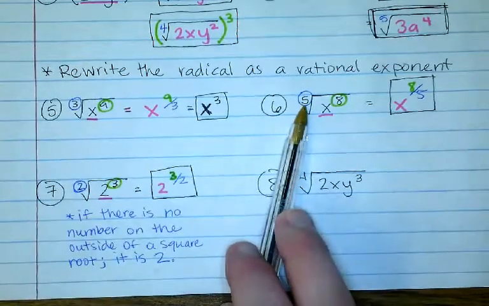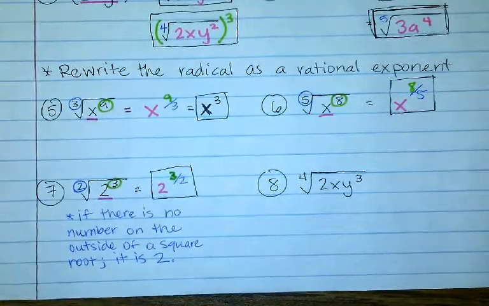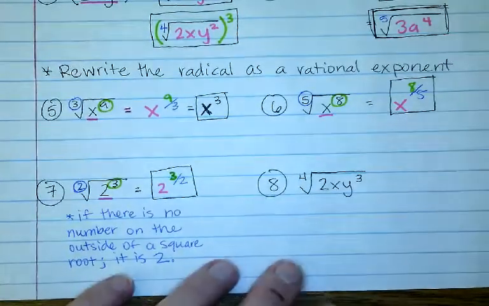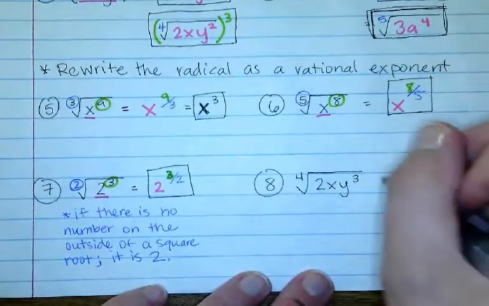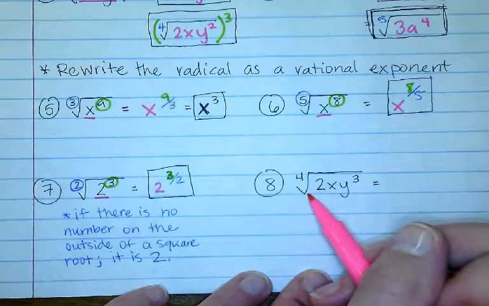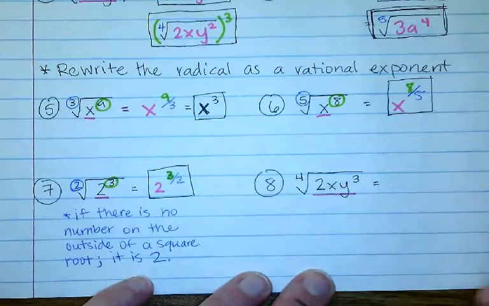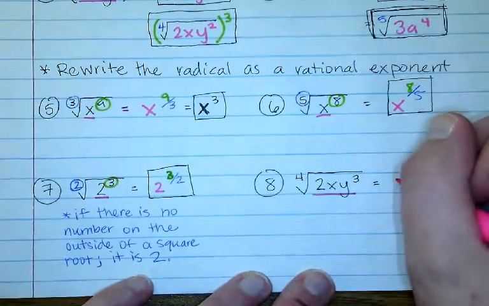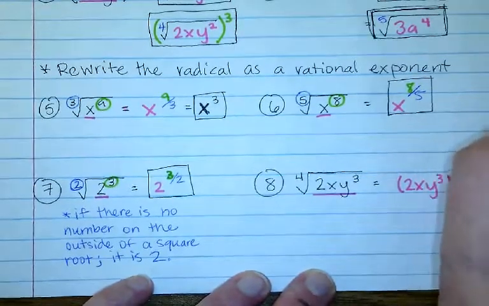All right, last one here, guys. So what is my base for this problem right here? What is my base for number 8 here? Anybody want to help me? What's my base for number 8, y'all? It's 2xy cubed. Guys, the base is actually this entire thing, 2xy cubed. Because this cube is only relating to the y.